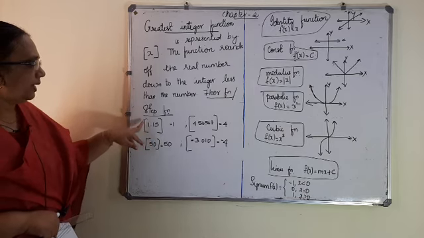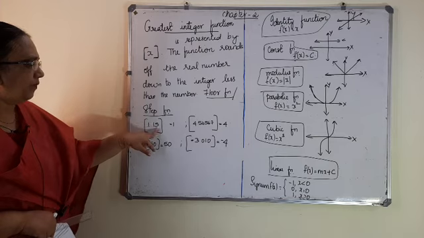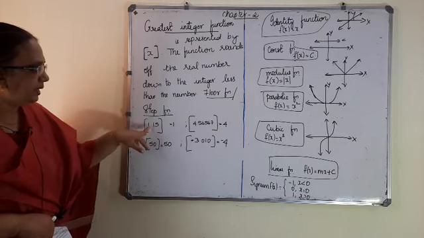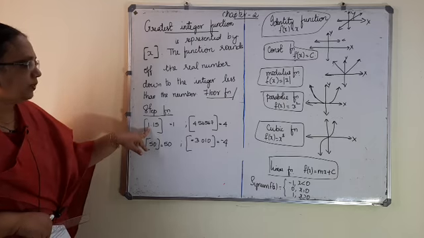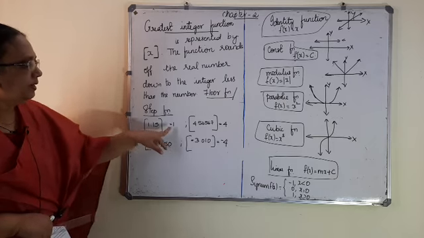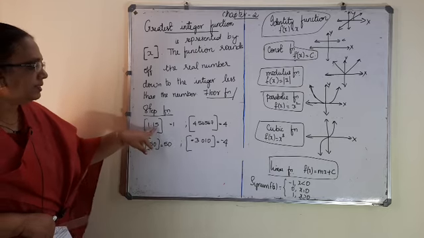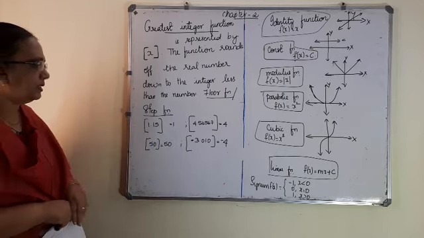When you take the greatest integer function of 1.15, it is the greatest integer less than or equal to x, so it is equal to 1.